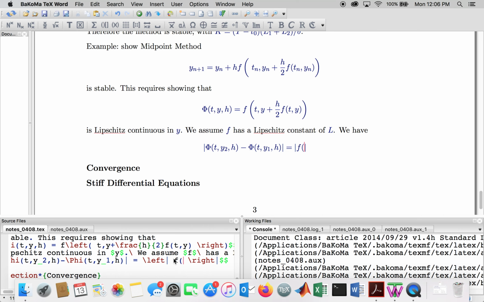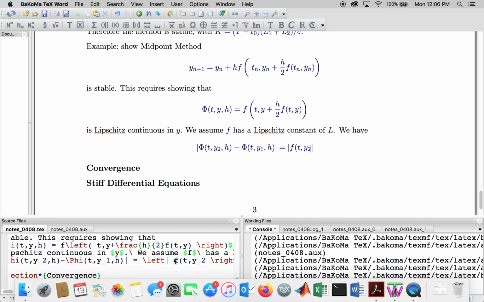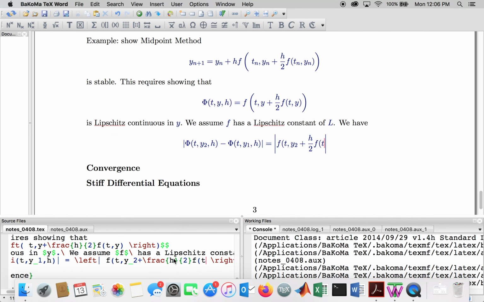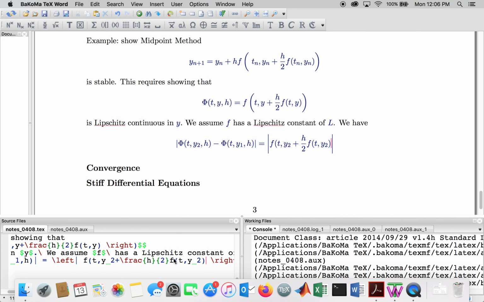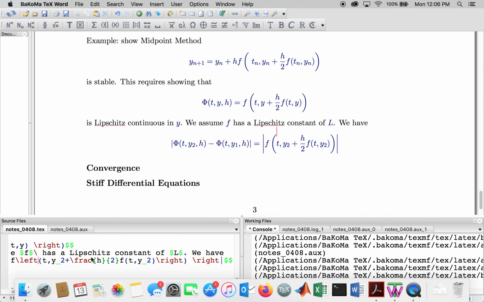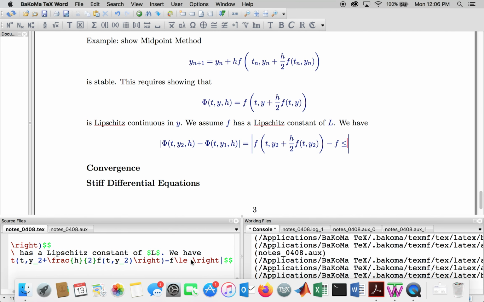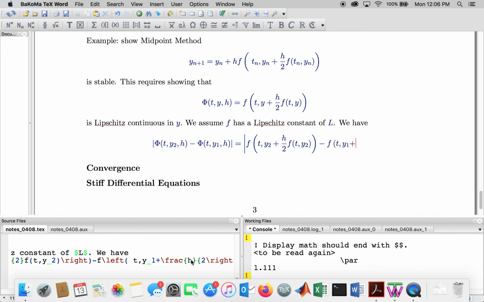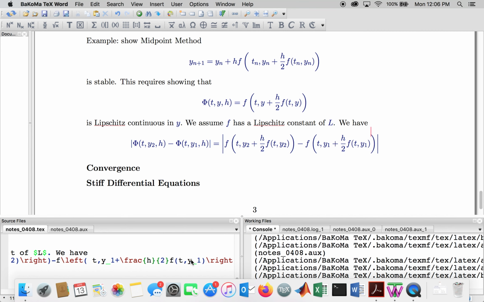I have f of t, y2 plus h over 2 f of t, y2, minus f of t, y1 plus h over 2 f of t, y1. So I need to bound this in terms of the difference between the y values, y2 and y1.